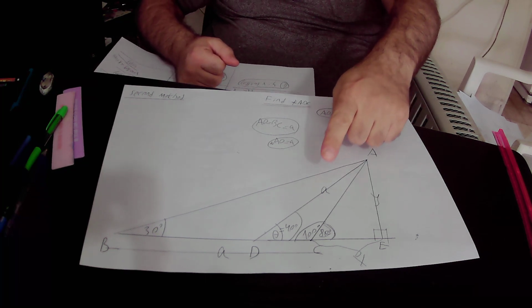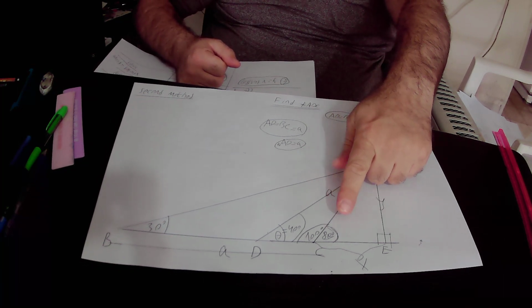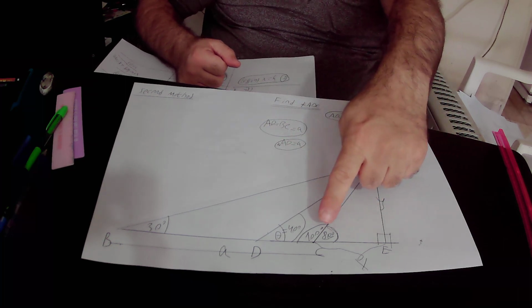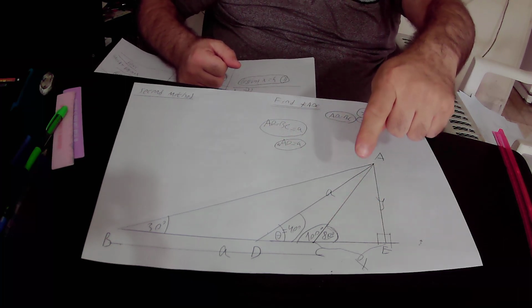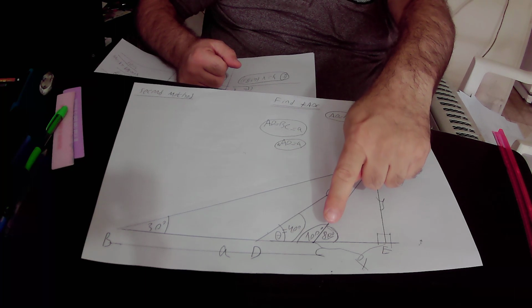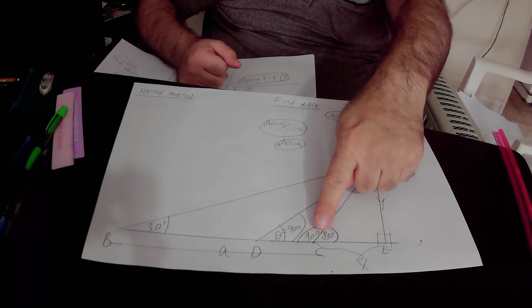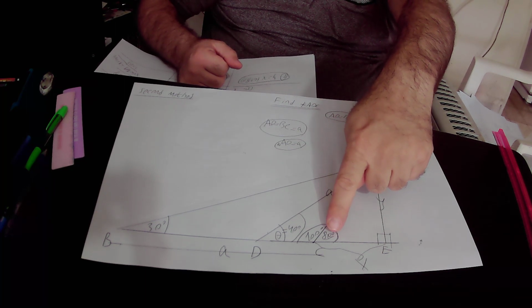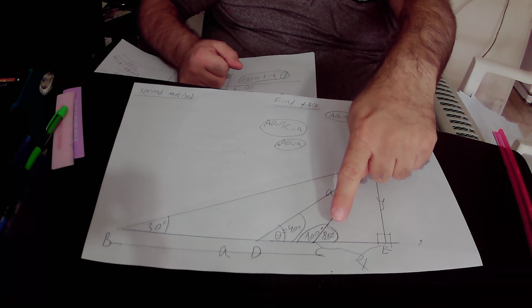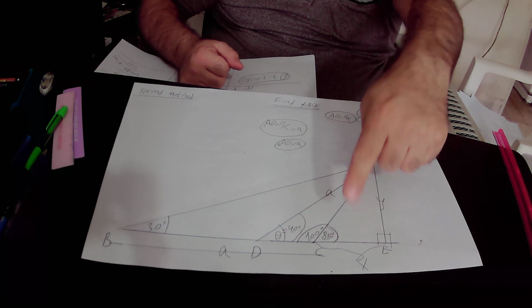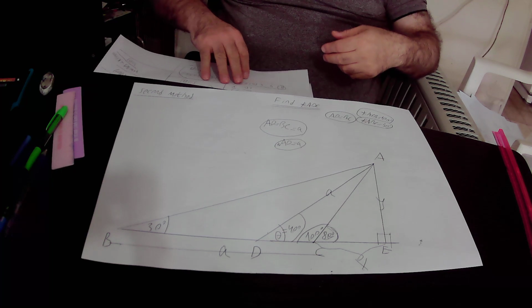So if we focus on the upper side of the straight line BE at point C, the sum of the angles must be equal to 180 degrees. So at point C on the upper side we have 100 degrees plus the missing angle, which we define as angle Y, must be equal to 180 degrees.